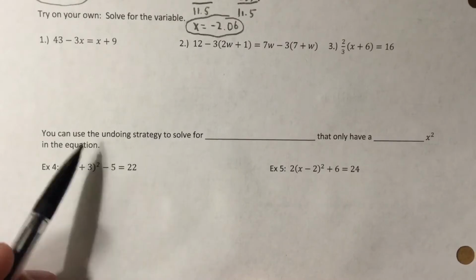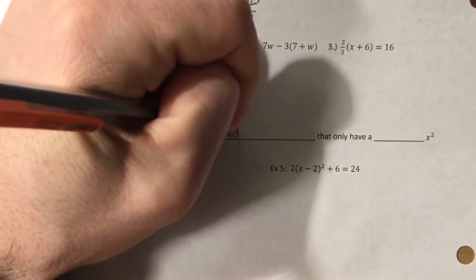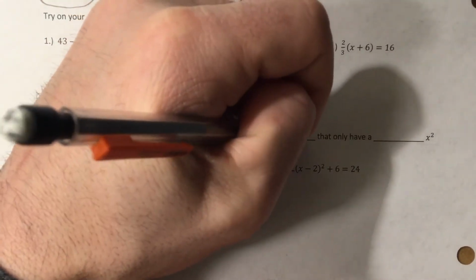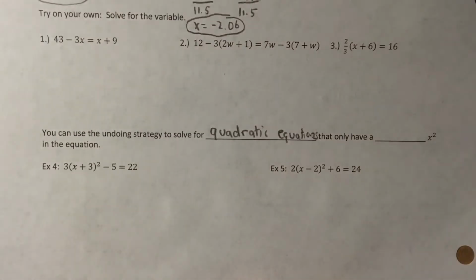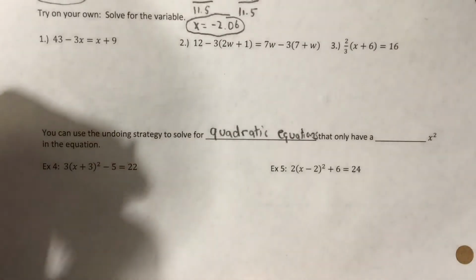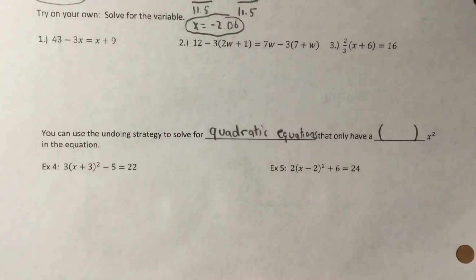You can also use the undoing strategy to solve quadratic equations that only have a single x squared in the equation, like a parenthesis squared.